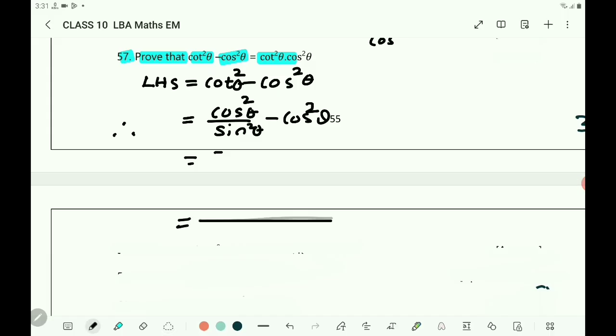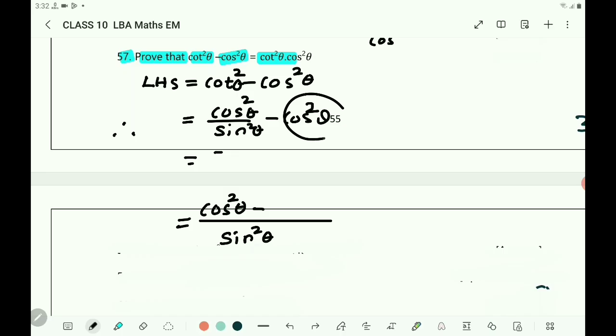take the LCM. Here the LCM is sin square theta. Write this cos square theta as it is, because the LCM is sin square theta, the numerator will not change, minus, but here cos square theta by 1 is there.